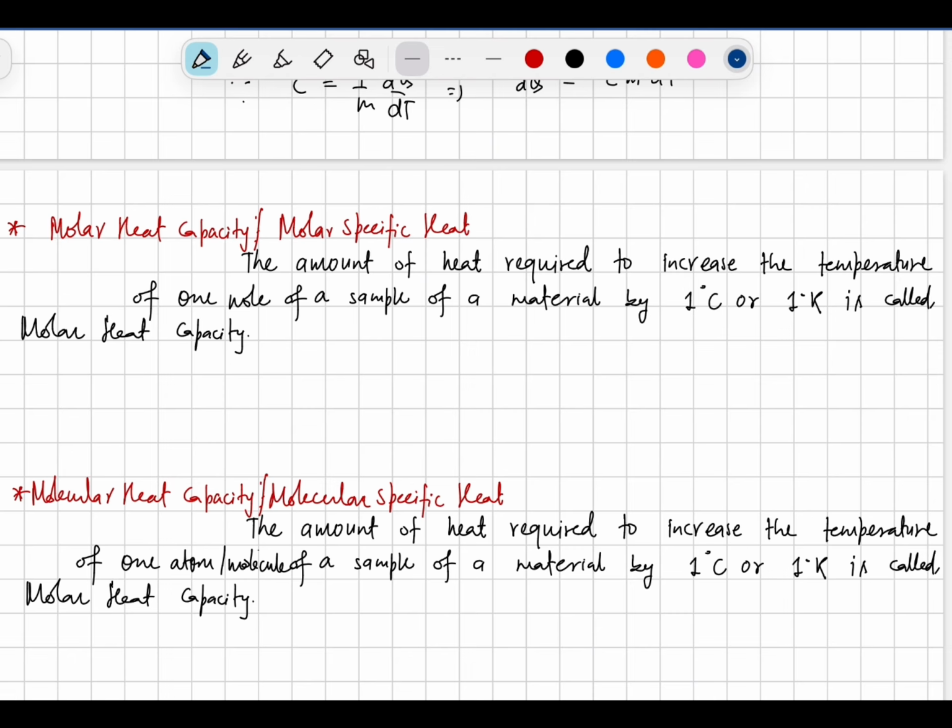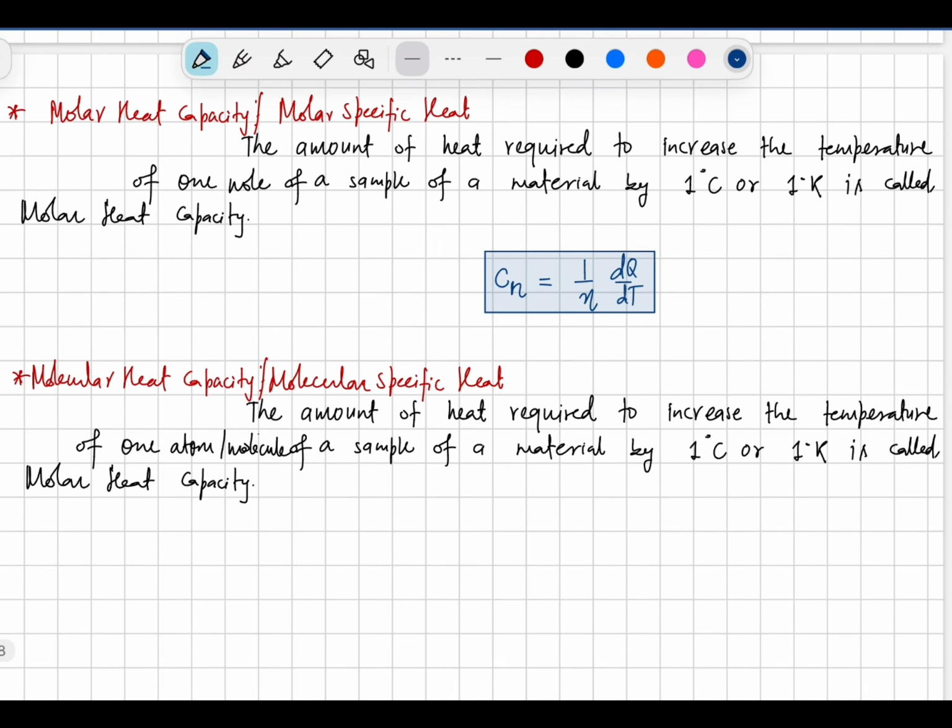This C, you can give it the name Cn, that is 1 upon number of moles, dq by dt, and this one, C maybe capital M, then 1 upon n dq by dt.